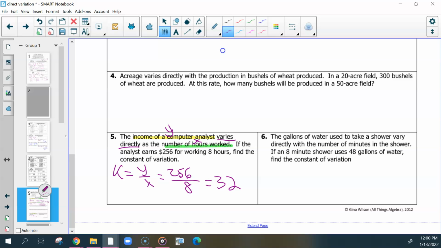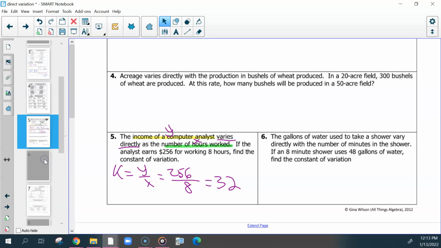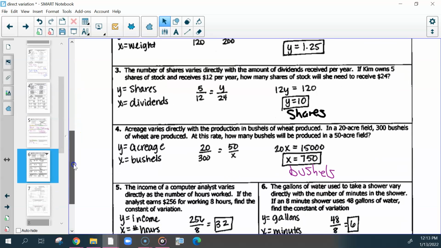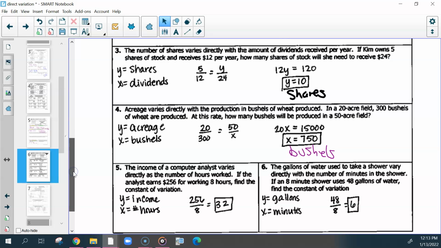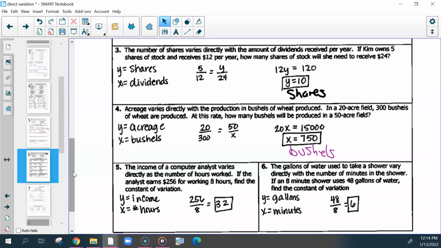You have 3 other examples. 2 are like the ones we did above, and 1 is where you find K. I want you to try those 3, and right before class ends, we will go over those 3. Let us know if you have any questions. Again, these are all using the proportion method, so if you want to see the other one, just let me know and I can do that.